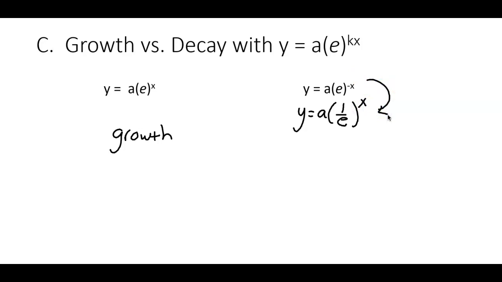Okay, so the negative exponent causes it to flip, and that is decay. Okay? So make sure you guys have that on your notes there. I'll wait a second if you didn't write that, because I told you not to write it a while ago. This I want you to have.